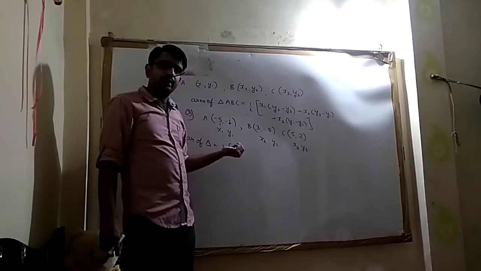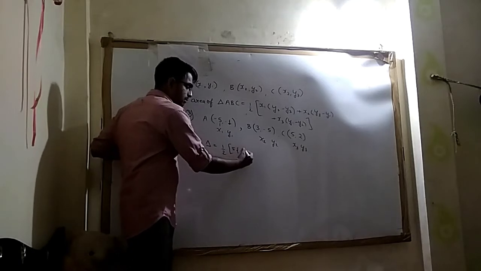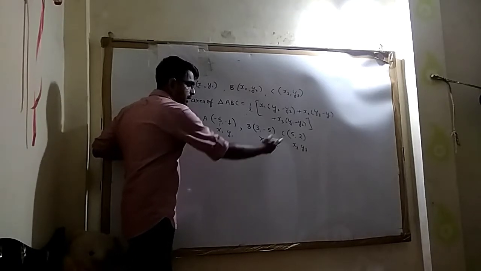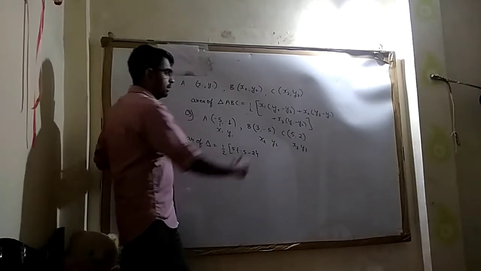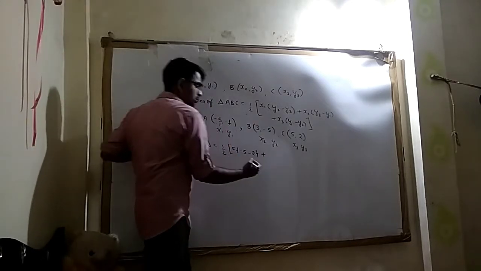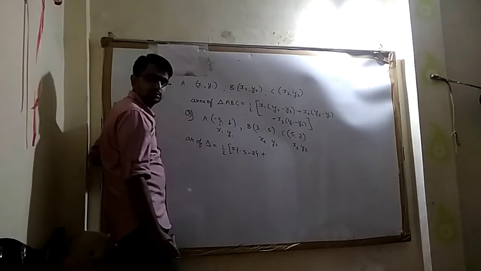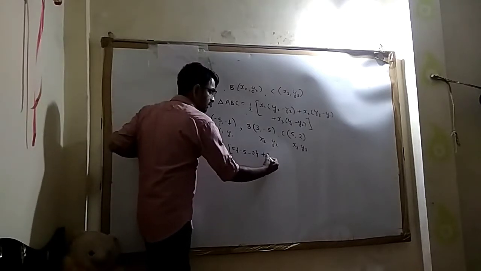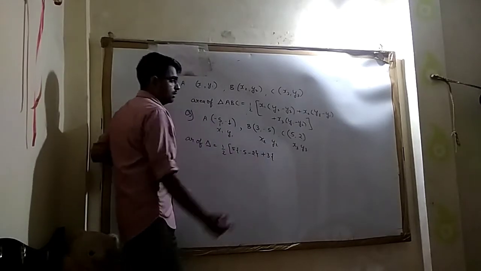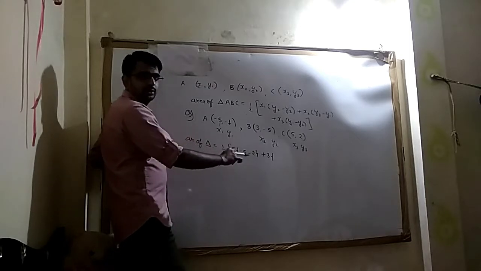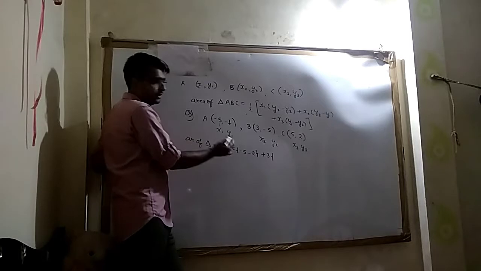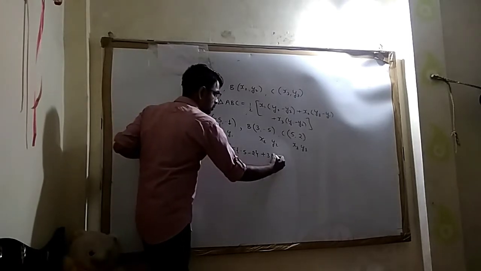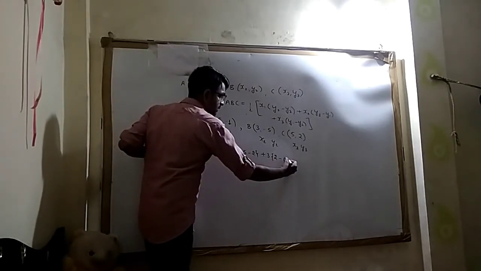So instead of y2 I will write minus 5 and instead of y3, minus 2. Now x2, the value of x2 is 3. So write 3. y3 minus y1. See, the value of y3 is 2 and that of y1 is minus 1. So I will write 2 minus minus of 1.